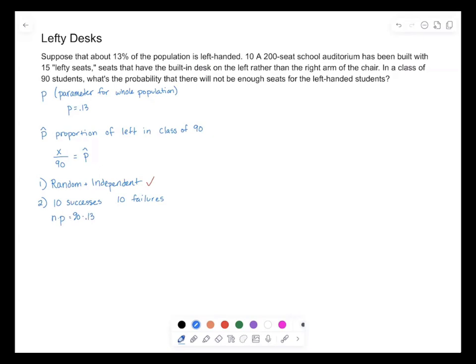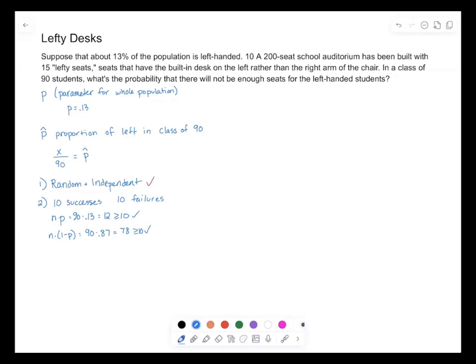When I do 90 times 0.13, I get 12, which is bigger than or equal to 10. Okay, so I've got my 10 successes. For failures, I'm going to do n times 1 minus p, which is 90 times 0.87, which is 78, which is also bigger than or equal to 10. So I've got my 10 failures.